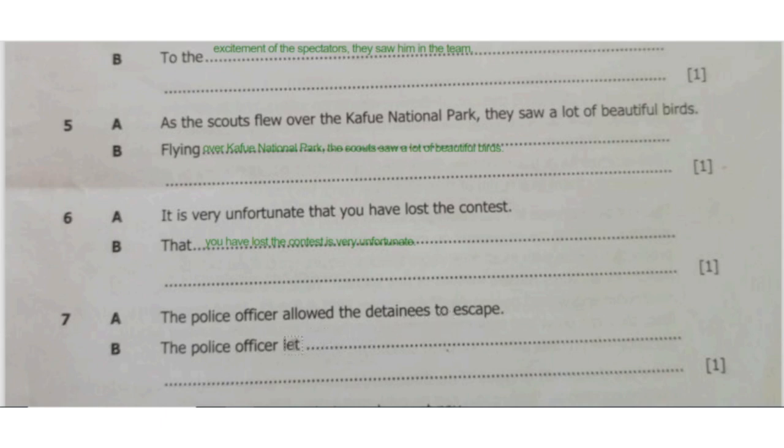When you use let, it's going to be let the detainees escape.